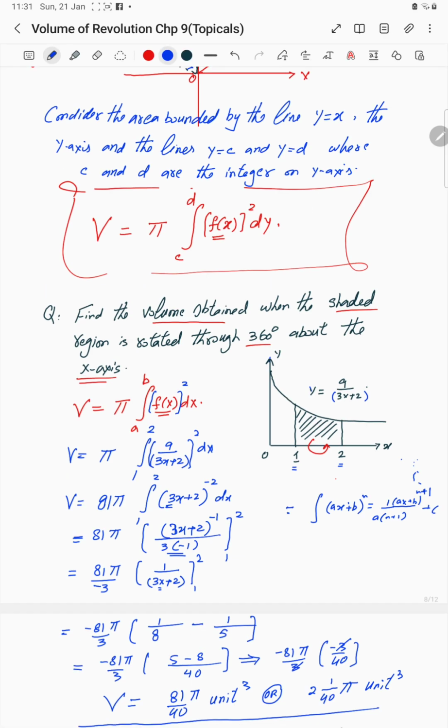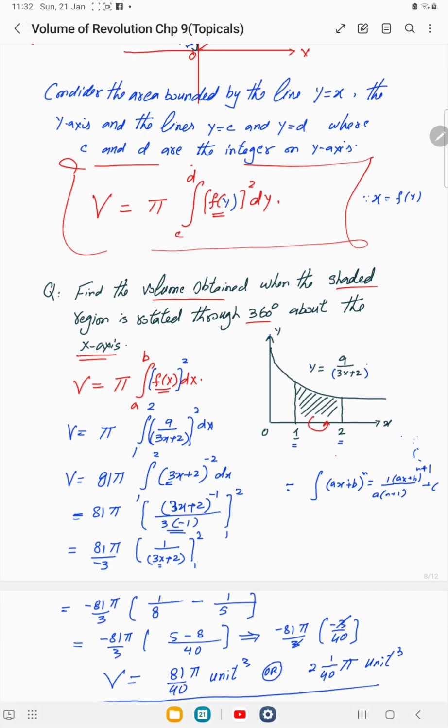Instead of x, write here y, for your information. Yes, write it y dy. So you can see x is equal to f of y here.